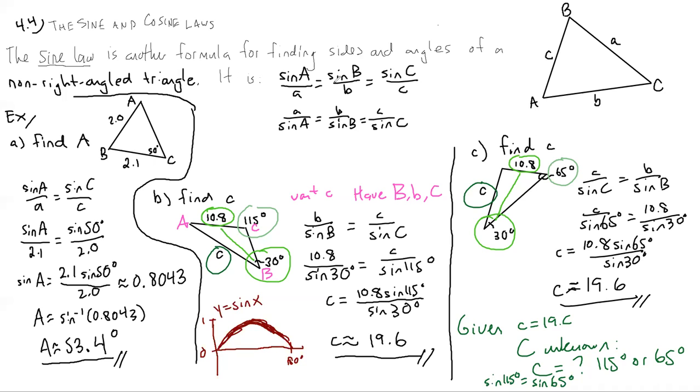Now, the cosine function that I showed you before, cosine looked like this. That was 1-to-1 in this region. Sine is not 1-to-1 in between 0 and 180. And 0 and 180 is where our angles could fall.